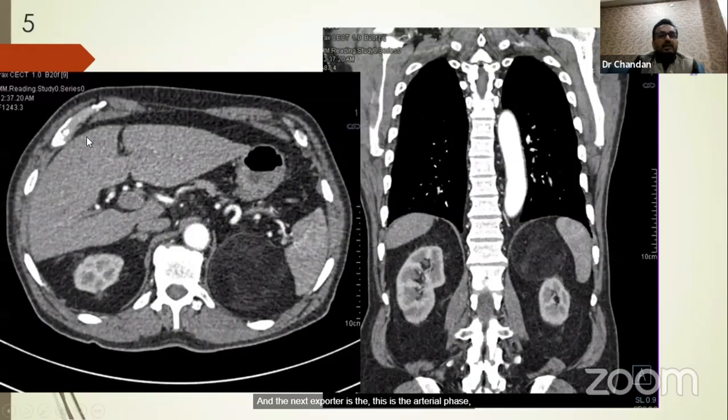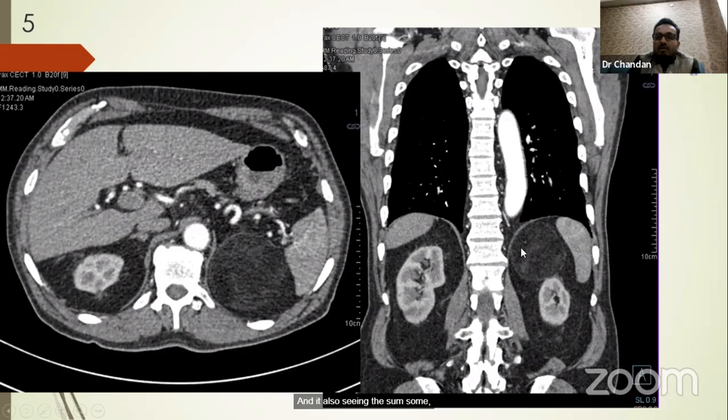The next spotter is an arterial phase contrast CT abdomen, a coronal CT abdomen, and an axial contrast CT abdomen showing a well-defined rounded fat-attenuating lesion in the suprarenal location, better seen in the coronal view.